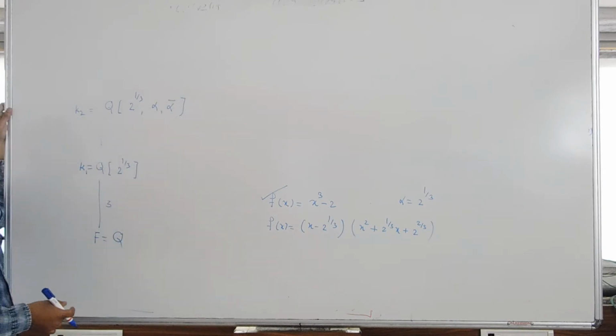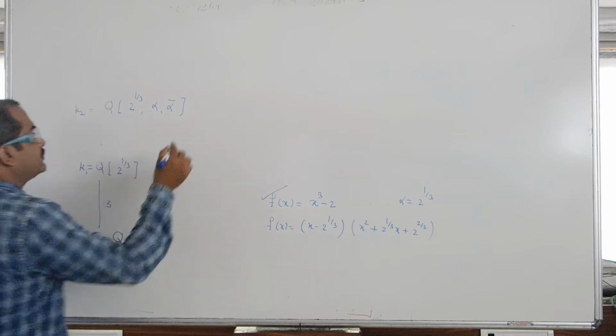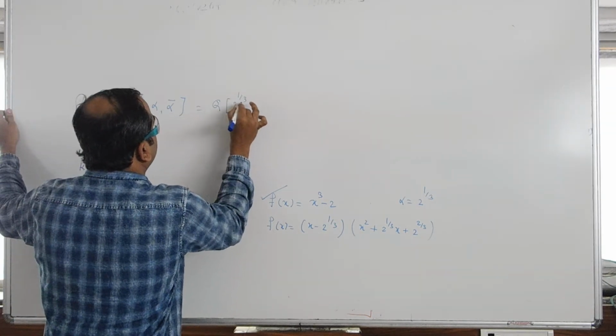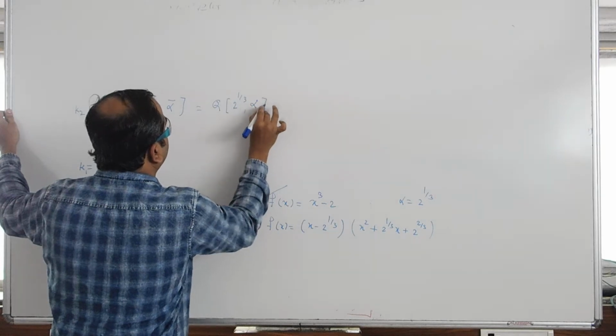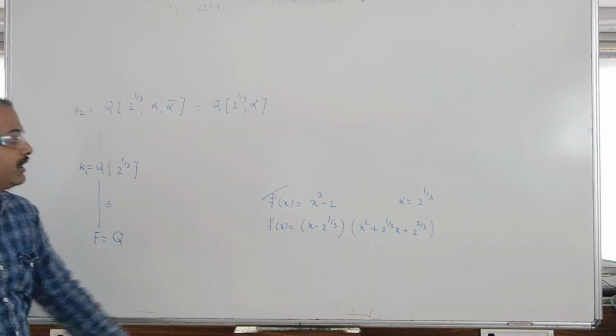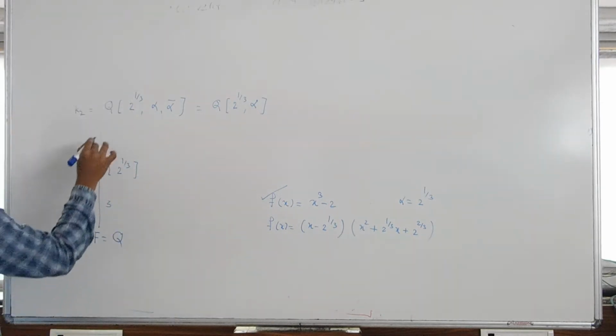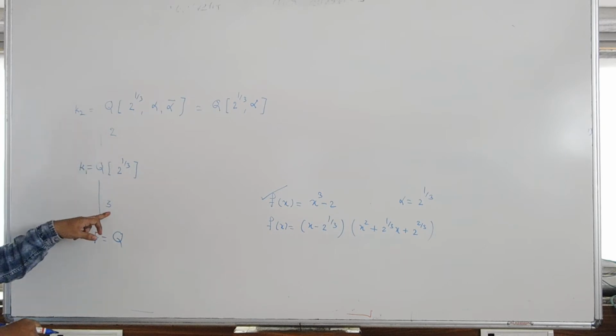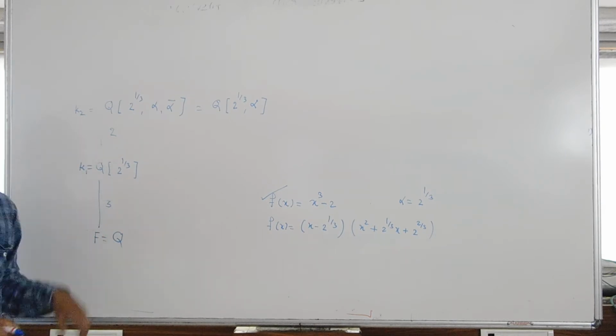But attaching alpha or alpha bar, both are the same. So we have Q of 2 raised to 1 upon 3, alpha. And what is the degree of extension? It is 2. So 2 times 3, the total degree of extension is 6.